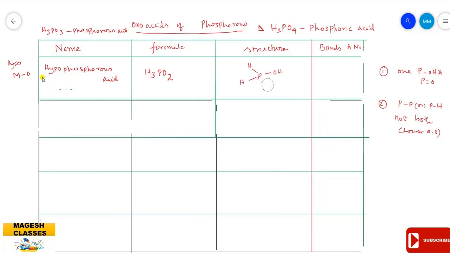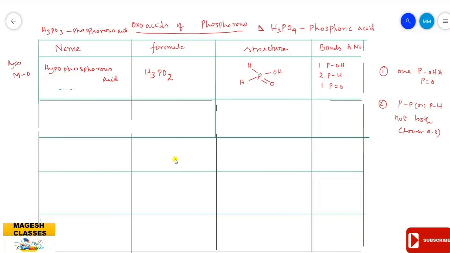So this is the structure. Clear? Okay. Now you can write the characteristic bonds and numbers. The first one is 1 P-OH bond, 2 P-H bonds and 1 P=O bond.